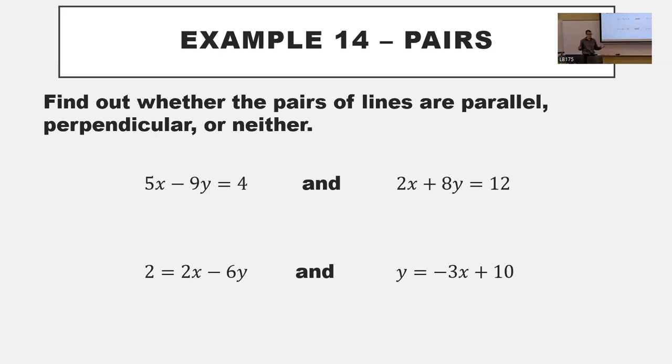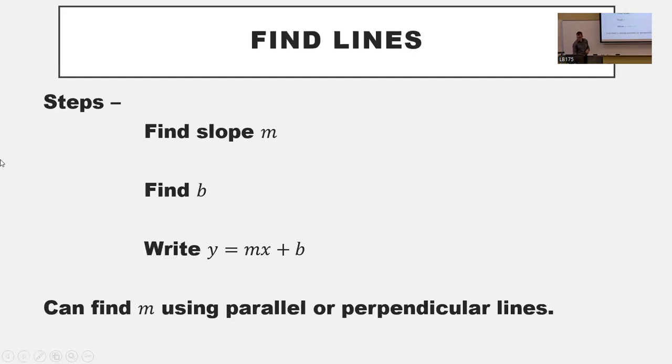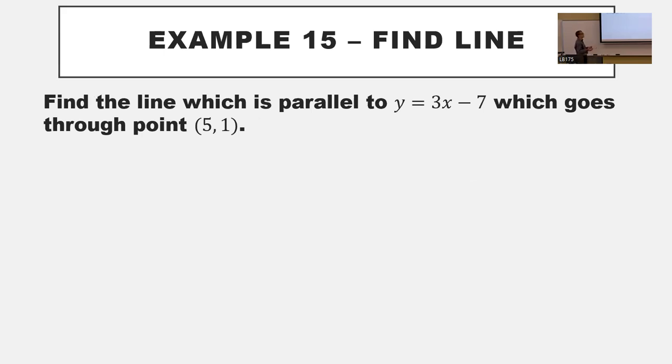But if I have a line that's perpendicular to mine, that tells me something about the slope of my line. If I have a line that's parallel to mine, that tells me something about the slope of my line. So basically, we can use that to find equations of lines.